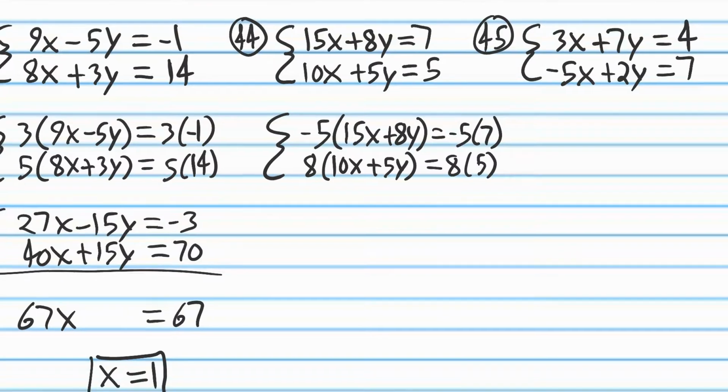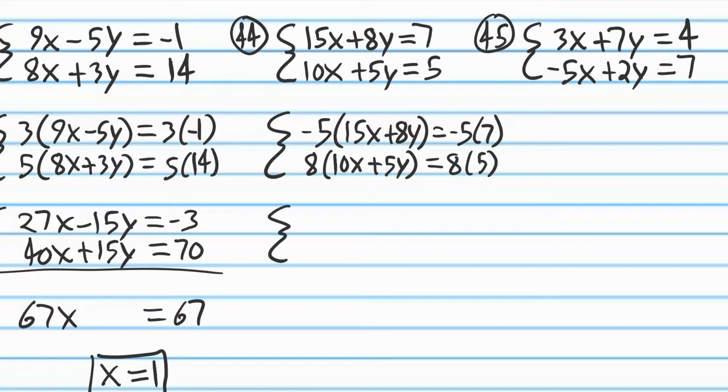And everything looks right. Now we use the distributive property. -5 times 15, I think that would be -75. You can get out your calculator if you really want to, and then -40y, so on and so forth.